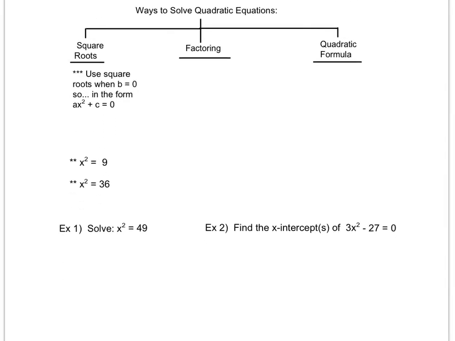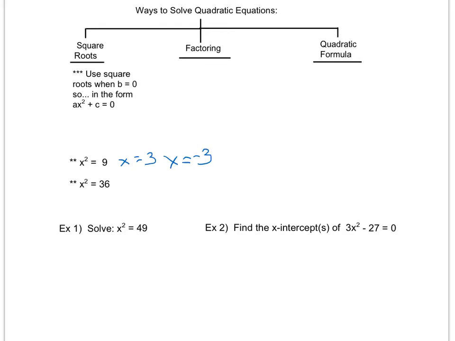Before I dive into the examples, I think I have 4 examples total, I just want to look here at x squared equals 9 and x squared equals 36. If I asked you to give me a number that when it got squared equals 9, the majority of you would probably say 3, and you would be correct. But notice that if I square negative 3, I also get 9.